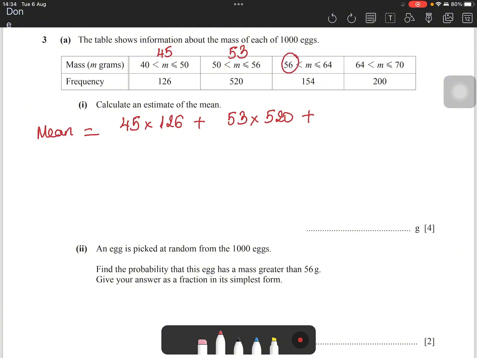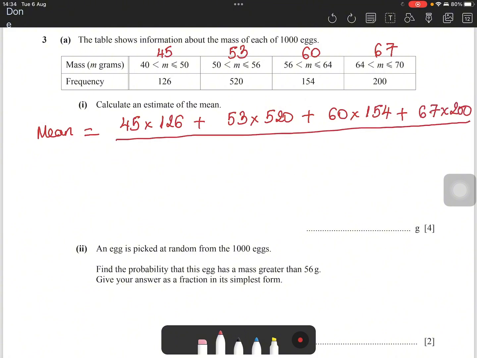Next, 56 plus 64 is 120. 120 divided by 2 is 60. 60 multiplied by 154. And finally, 64 plus 70 is 134. 134 divided by 2 is 67. 67 multiplied by the frequency 200.